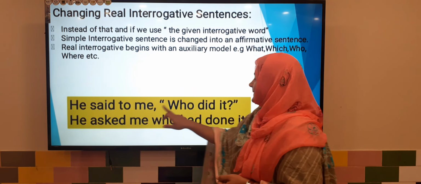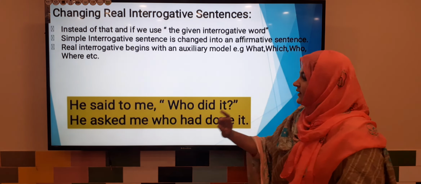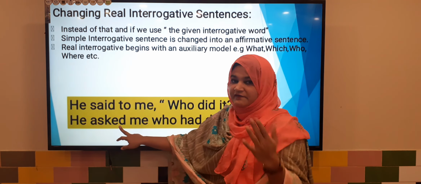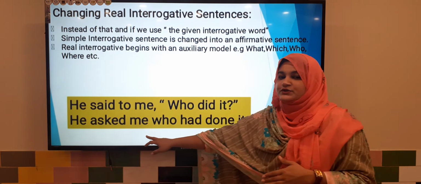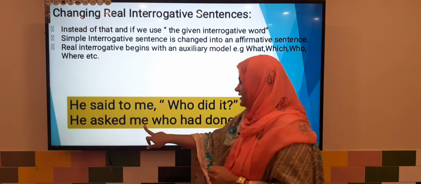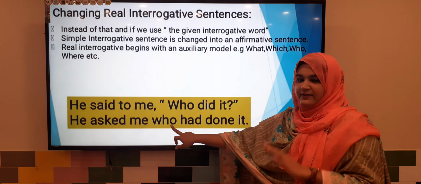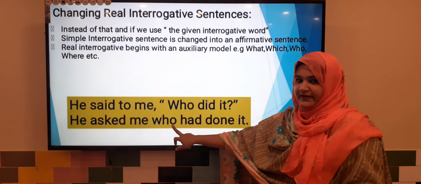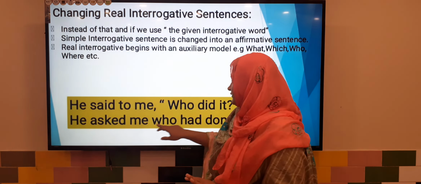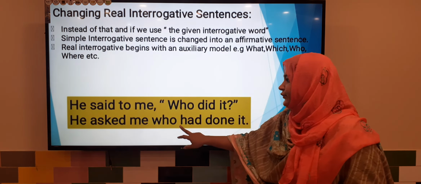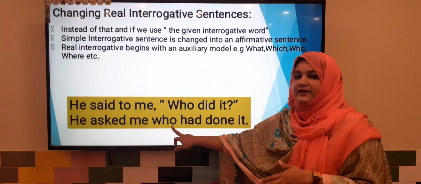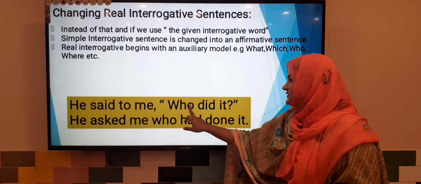Now come to the example. He said to me, who did it? He asked. I have used asked, as I told you in the first one that we are going to use asked in interrogative sentences. He asked me who. I am using the same interrogative word here. I am not going to use if or that, none will be used here. We just use the interrogative word which is given in the statement.